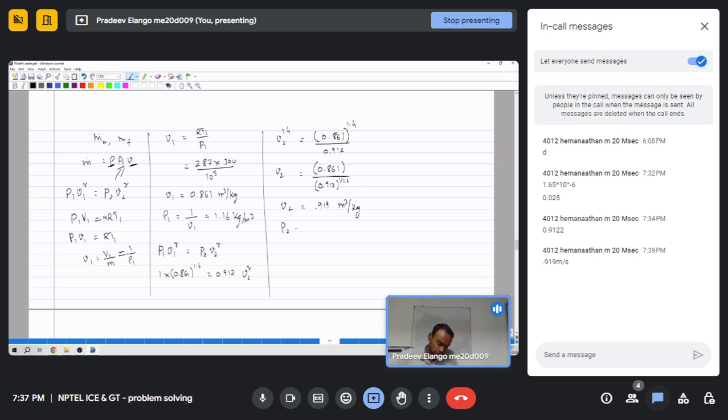Now rho 2 is 1 by V2, and that is 1.087 kilogram per meter cube.